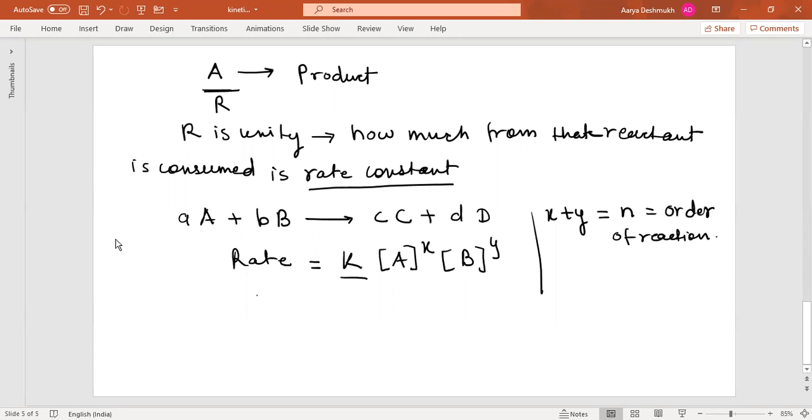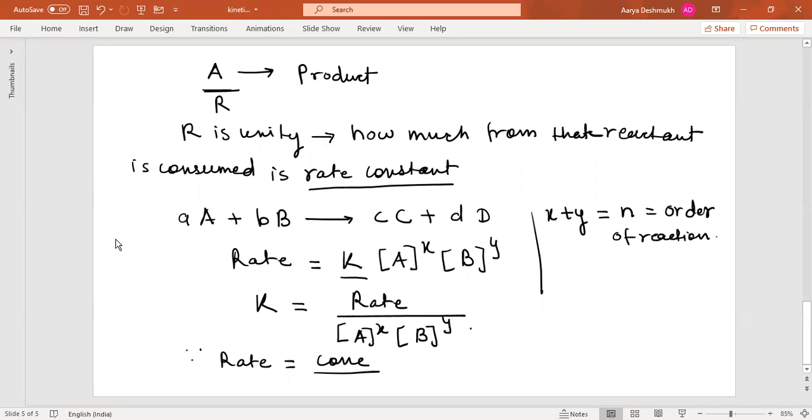Now, just try to write this equation in terms of K. K will be equal to rate divided by concentration of A raised to X and concentration of B raised to Y, where we know that the rate of the reaction is nothing but the change in concentration divided by time. Change in the concentration with time is nothing but the rate. We know this too.